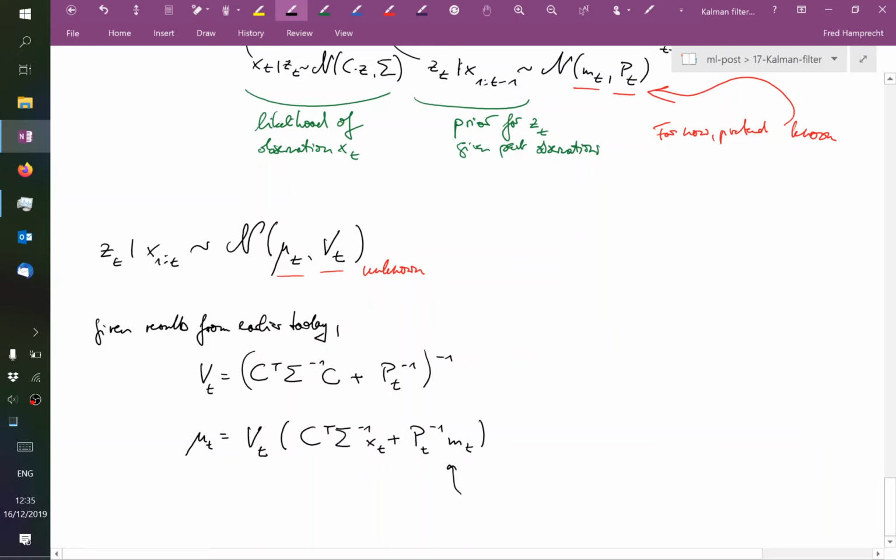So this mt was our predicted hidden state mean. And this was the new observation. And then our posterior is again a weighted combination of the two, weighted by the relative precision.